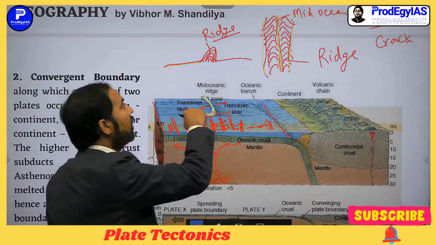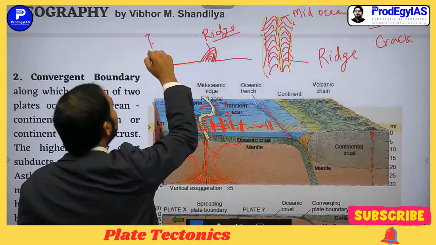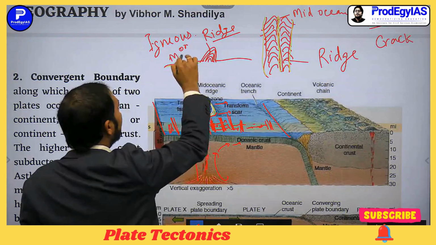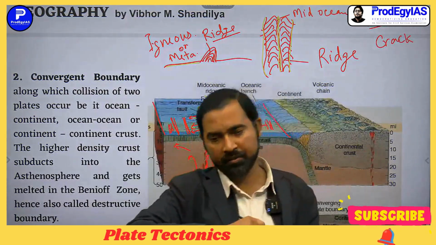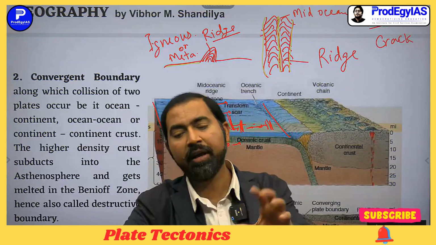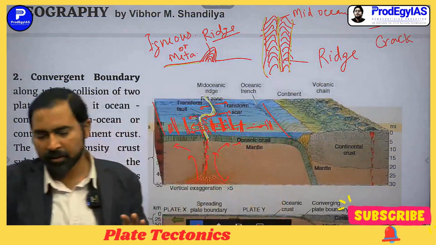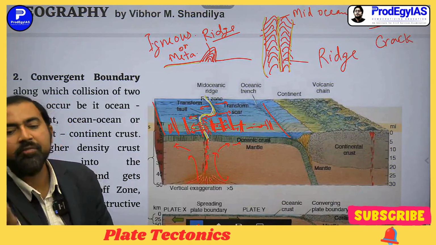Most of the time, such ridges are made by either igneous or metamorphic rocks. Why? Because these rocks are harder rocks. Only a hard rock can make such a ridge, but it is not always the case.